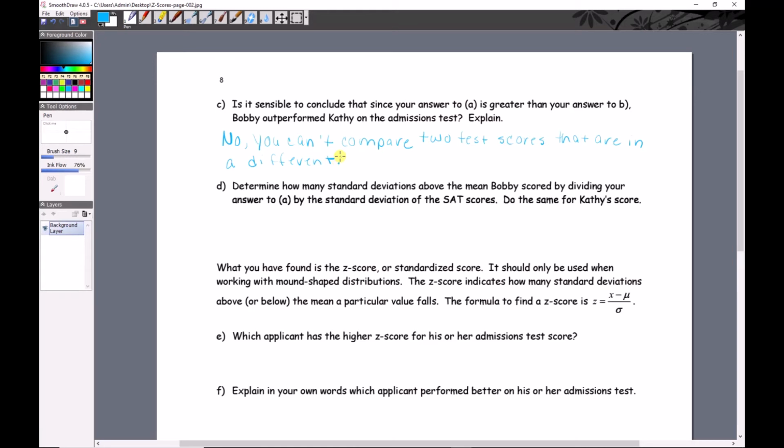Bobby is in SAT score units, and Kathy is in ACT score units, so that's not going to be a good thing.